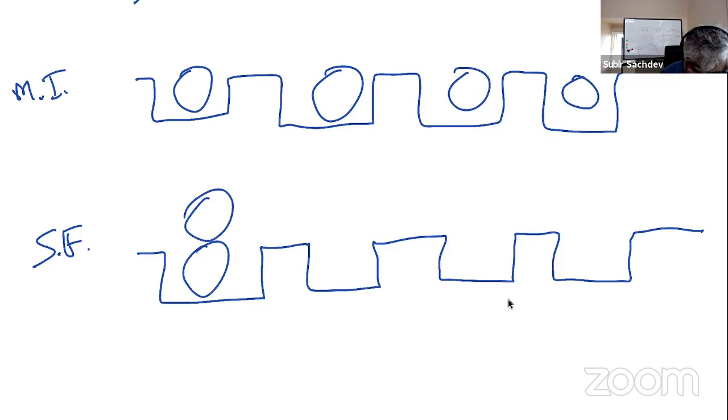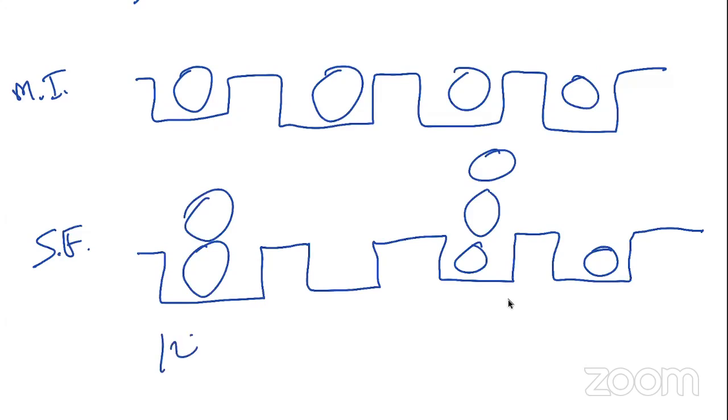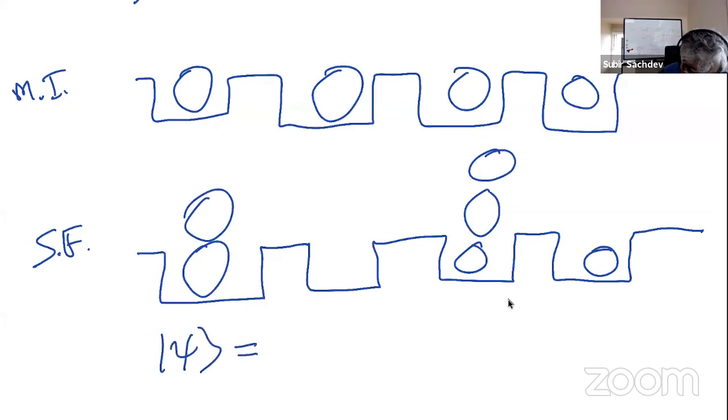Maybe this site will have 2 of them, this one empty, this one 3, that one 1, and so on, so that the average density remains 1. So the superfluid state looks like this. One other way to think about it is that the ground state of a superfluid, as you said, is b dagger at k equals 0 to the power n on the vacuum.